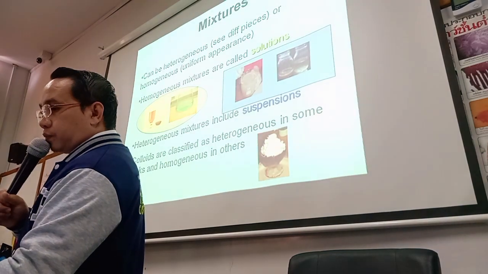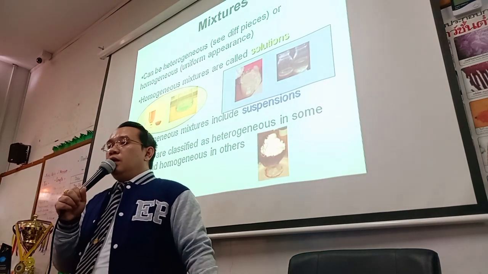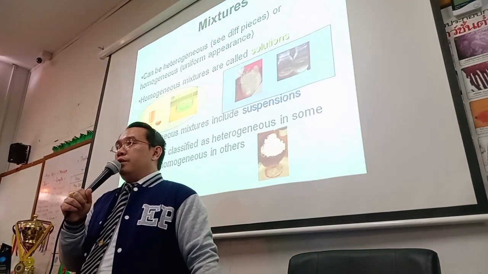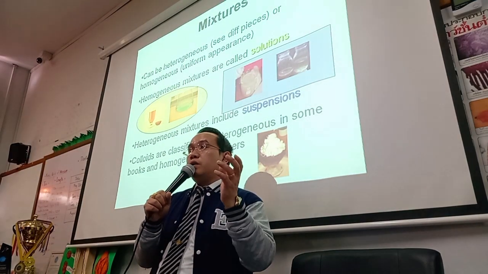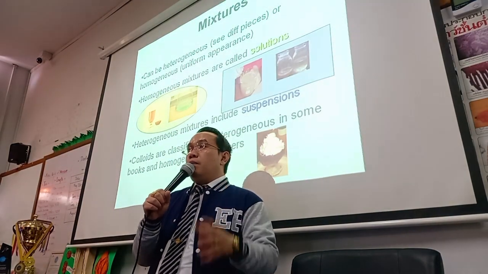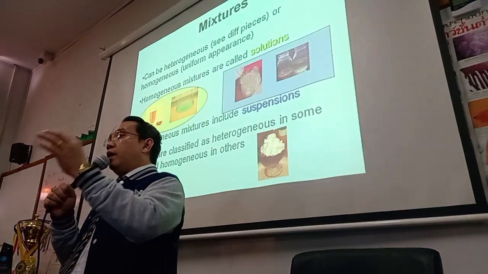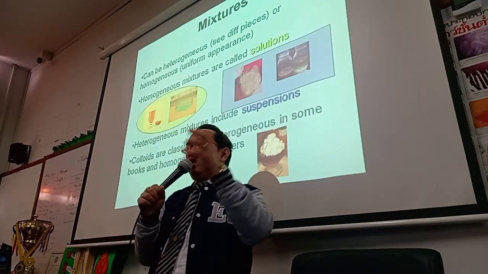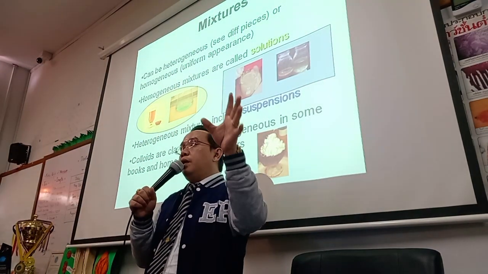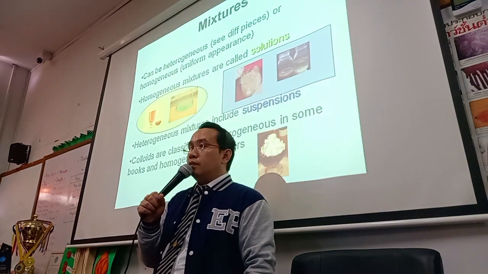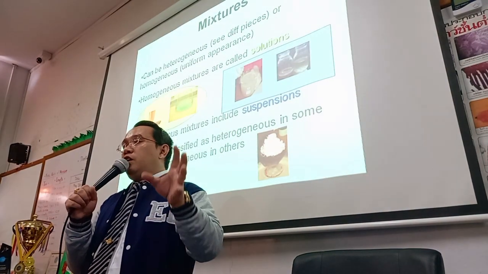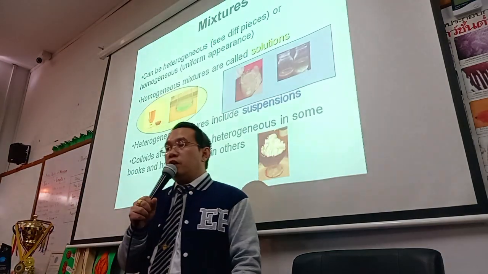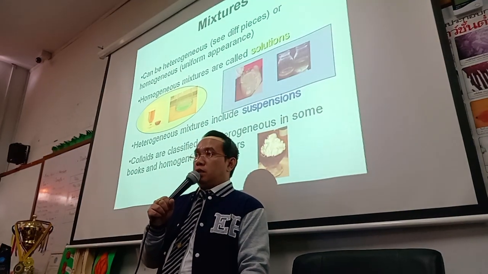So, let's try to cite a few basic examples of what mixtures are, since we understand already about matter. Matter is composed of solid, liquid, and gas, and each of those has a different particle arrangement. It can be heterogeneous, to say different pieces, or homogeneous with uniform appearance.